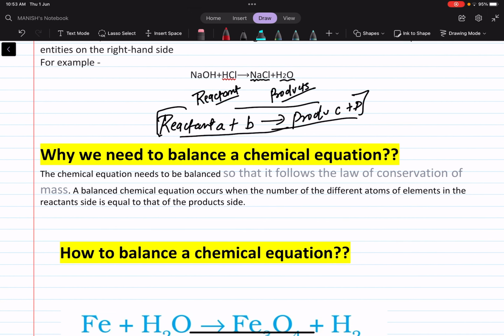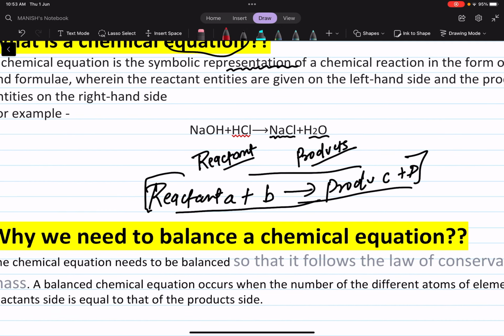According to this, we need to make the number of atoms of elements on the reactant side and product side equal, right? So we need to balance a chemical reaction to express its accuracy and to make it follow the law of conservation of mass.